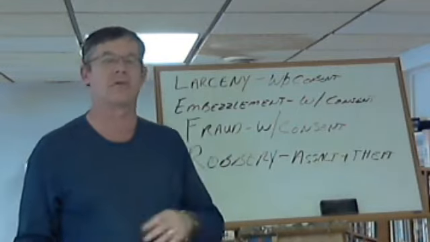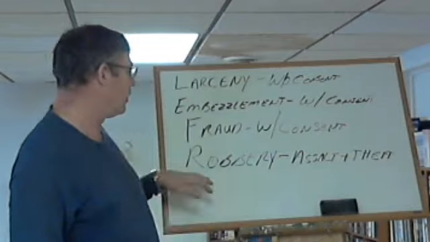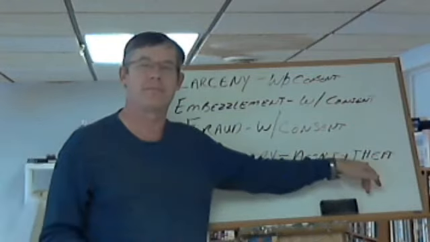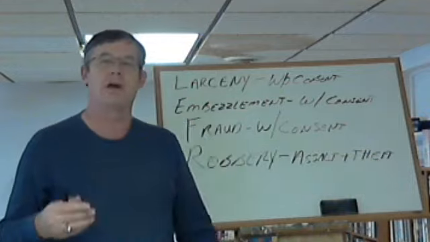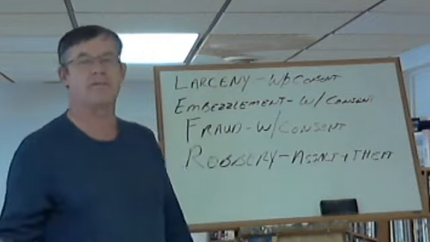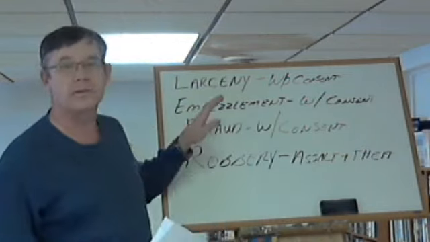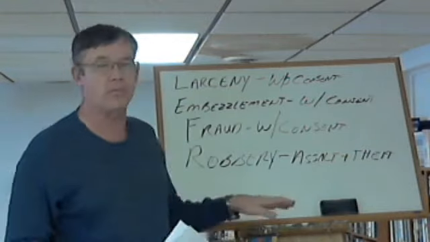We're going to call it crime against property for this class. Robbery is essentially an assault plus a theft. All right? Because this is a face-to-face confrontation. It has to be face-to-face. Larceny is not face-to-face. If they're face-to-face, then it becomes a robbery.